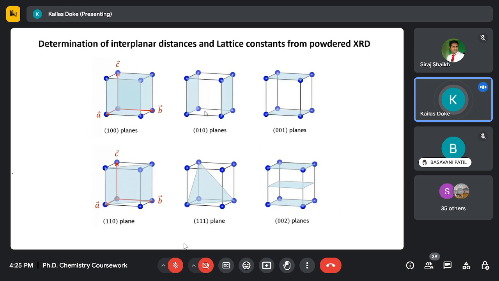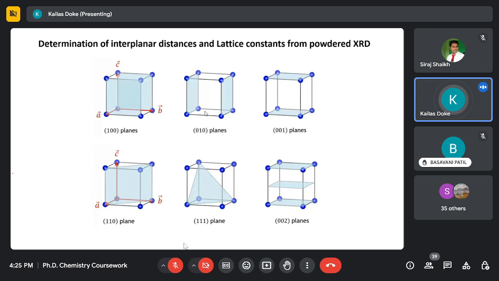This is the origin of the crystal. I call this the x-axis, this the y-axis, and this the z-axis. By Cartesian coordinates, any axis can be called the x-axis, y-axis, or z-axis. It is not fixed.